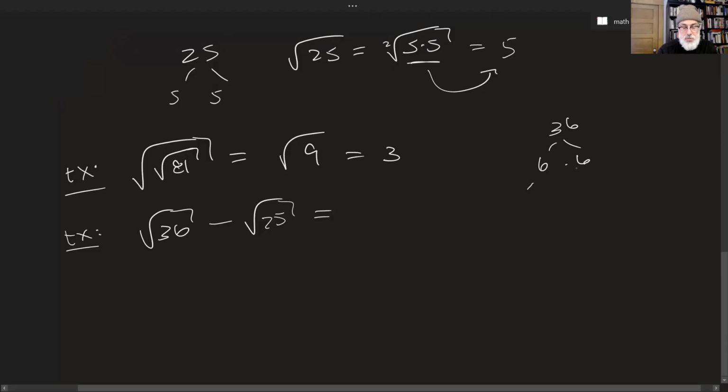If I needed to break this further, it'd be 2 times 3, 2 times 3. I can bring out a 2, I can bring out a 3. But all we really need is two numbers that multiply to give me 36. That's 6. Same with 25. It's 5 and 5.